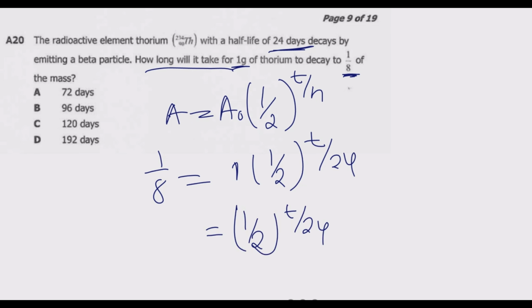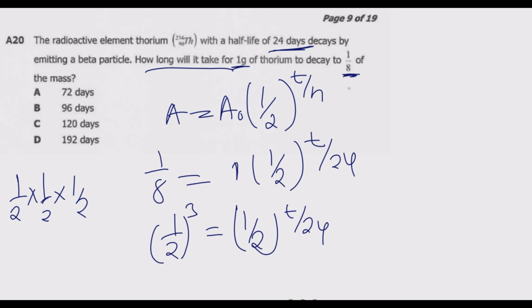Then 1/8 can be written as 1 times 1/2 times 1/2 times 1/2. 1 times 1 is 1, and 2 times 2 is 4, times 2 is 8. So it can be written as 1/2 to the power 3.